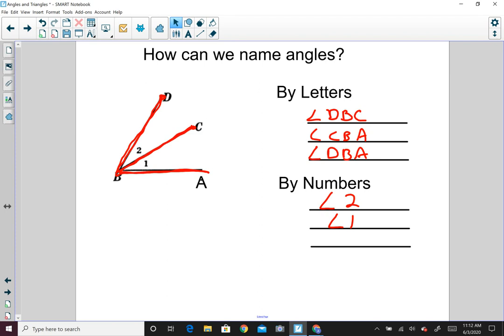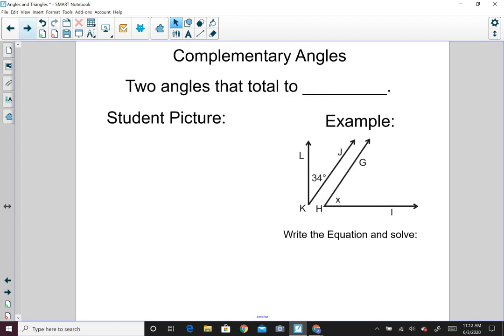Now there are several types of angle relationships we're going to use to help figure out our missing measures. Complementary angles. Those are two angles that total to 90 degrees. They don't have to touch, but they can touch. So if we look at this picture here that I've already have, they're not touching, are they?